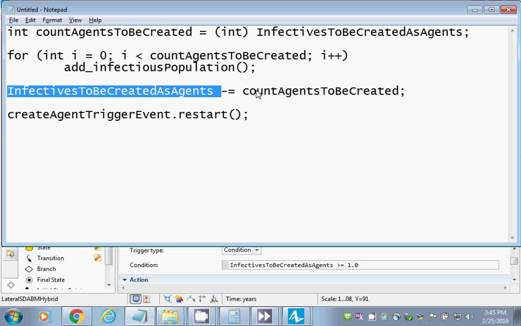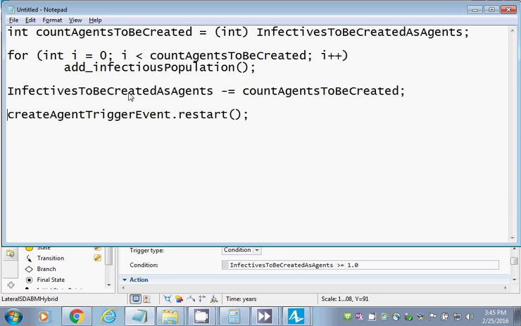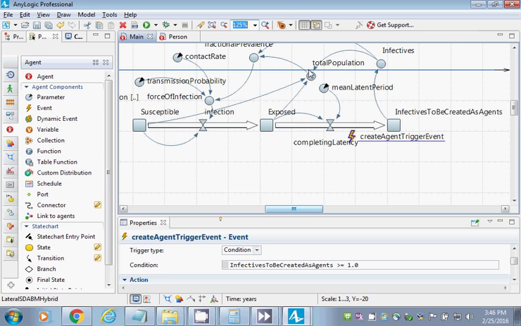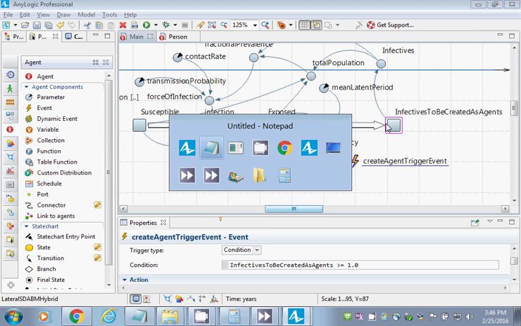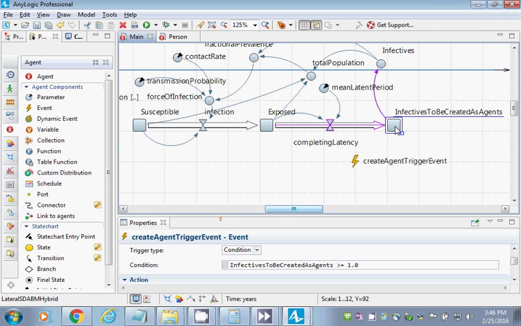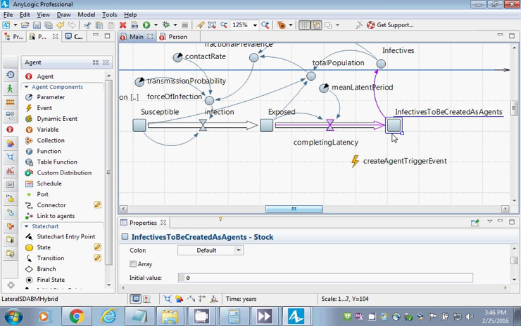In another context, these might be those who have prediabetes and beyond, or individuals who have had some exposure to a certain environmental hazard. A small segment of the population, and we create that segment as agents. The rest are represented in a stock and flow model, and they flow down to become agents at a certain point in their risk continuum.